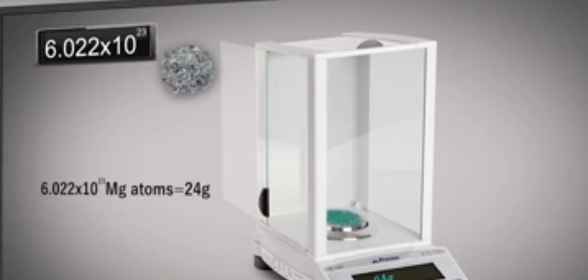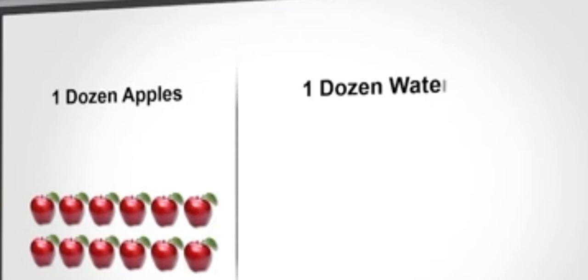You should note one thing. You use the same number of atoms for both carbon and magnesium, the Avogadro number, but the mass of the same number of carbon atoms is half the mass of the same number of magnesium atoms. The mass of the Avogadro number of carbon atoms is 12 grams, and of magnesium atoms is 24 grams. This means one atom of magnesium is twice as heavy as one atom of carbon. It is exactly like when I tell you that you have 12 apples and 12 watermelons.